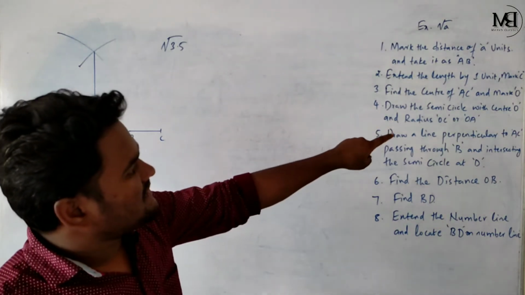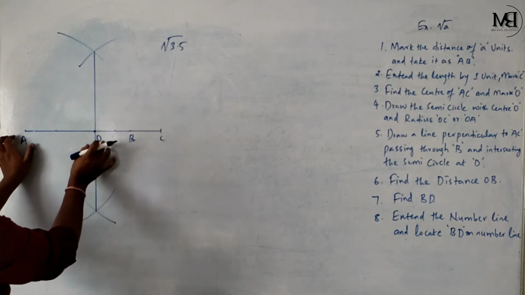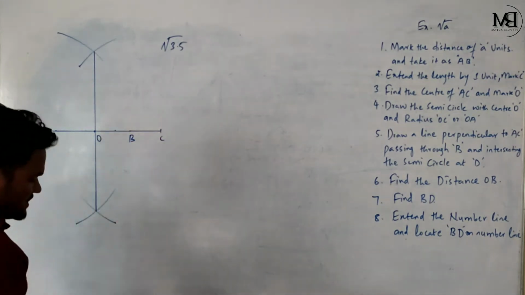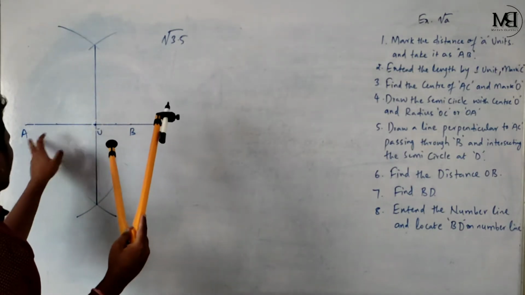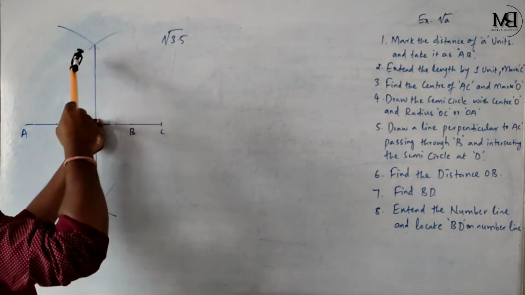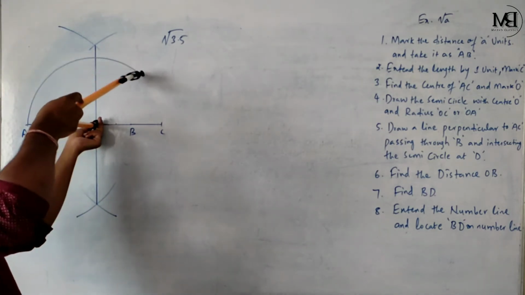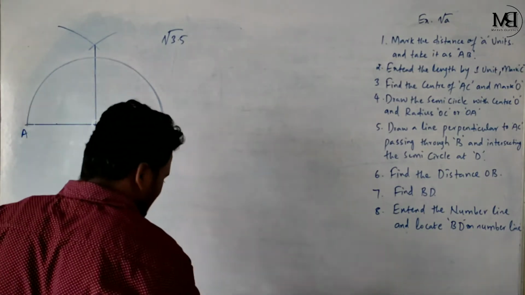Draw the semicircle with center O and radius OA or OC. Let me draw the semicircle here. Okay, it is the semicircle.